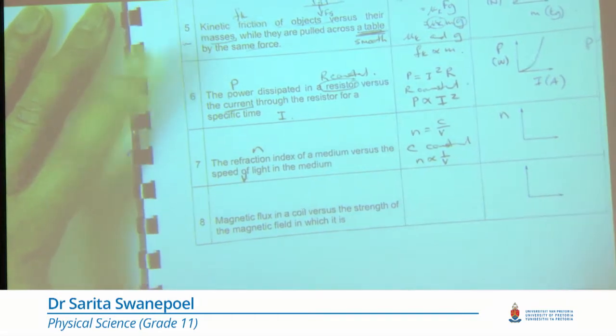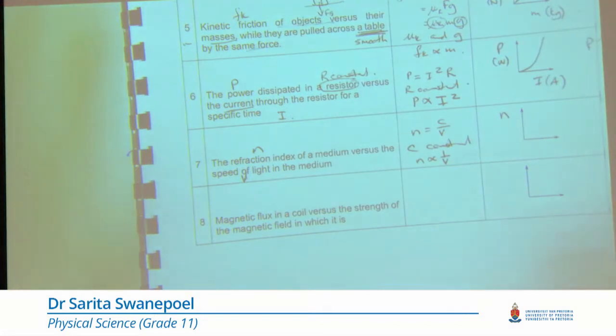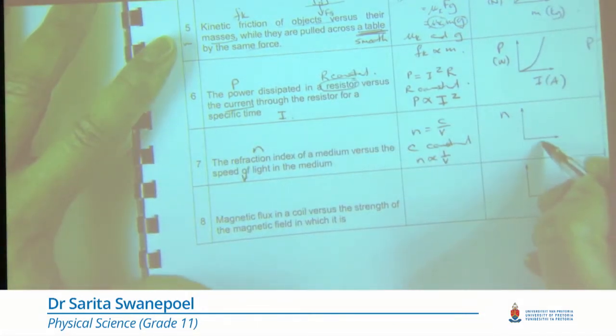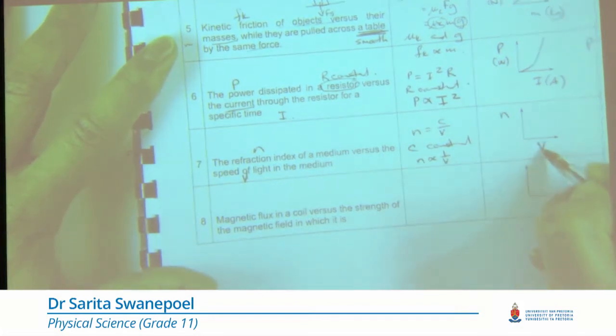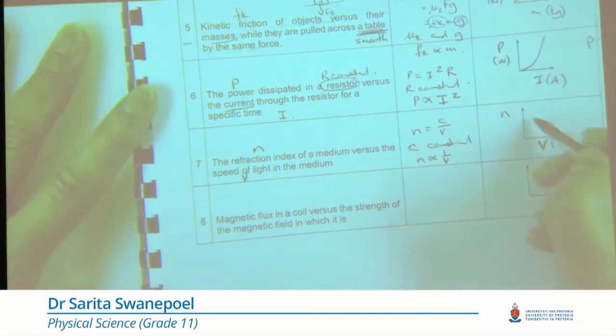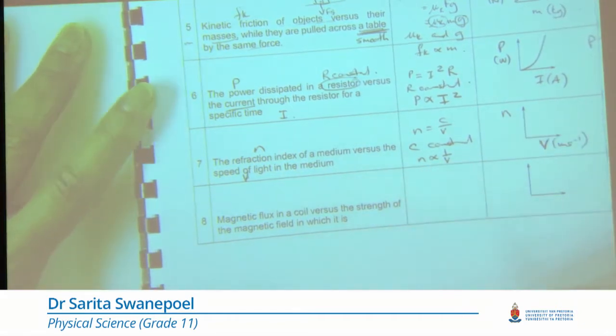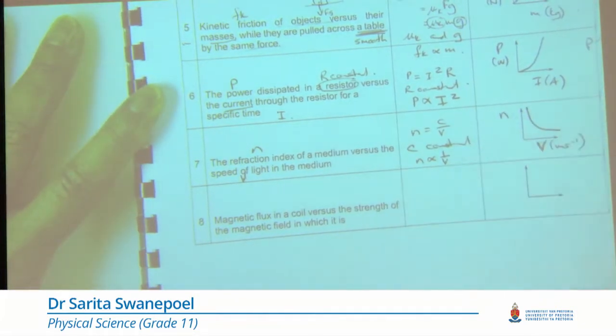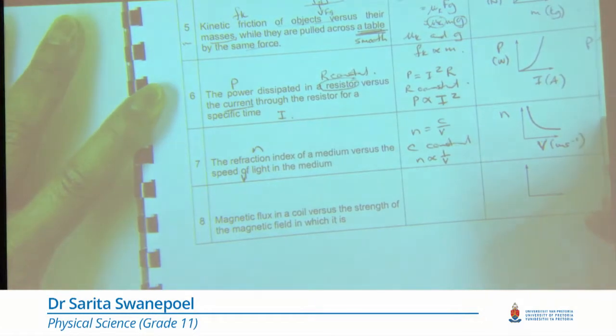What is the unit of n? Nothing. So that's a perfect answer if you give nothing. Against v, and v is a velocity, so that should be speed in meters per second. So inverse, what type of graph am I looking at? Hyperbola, yes, hyperbola.